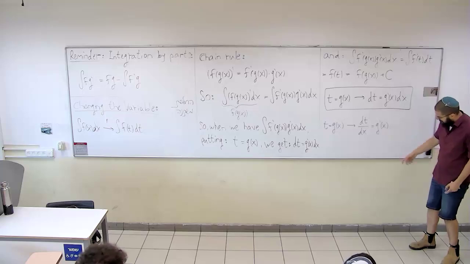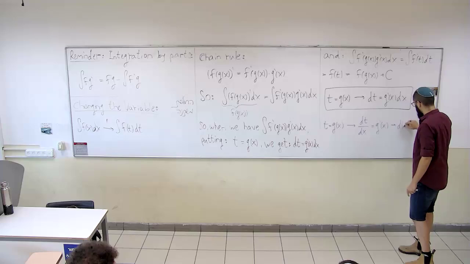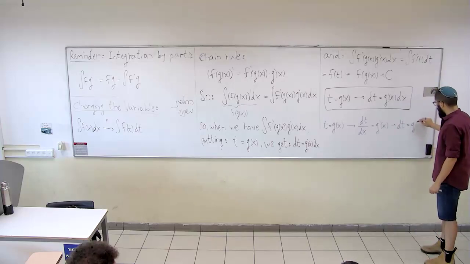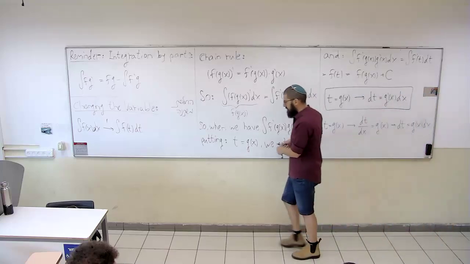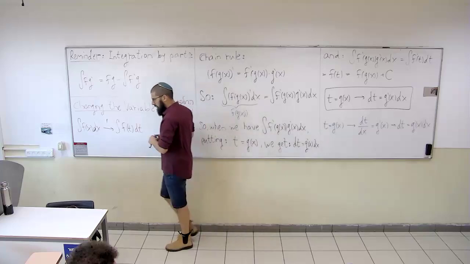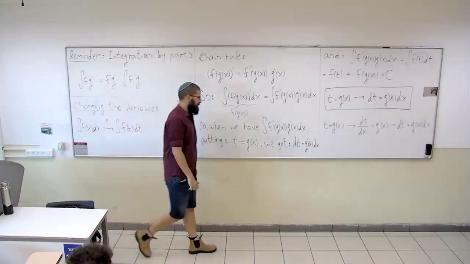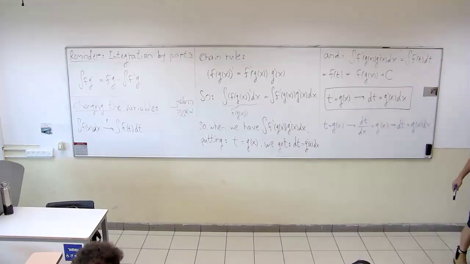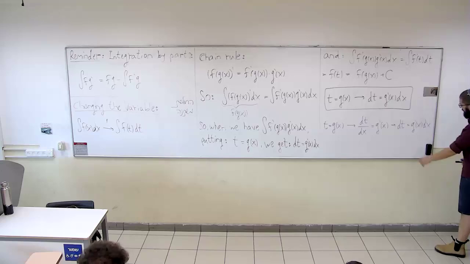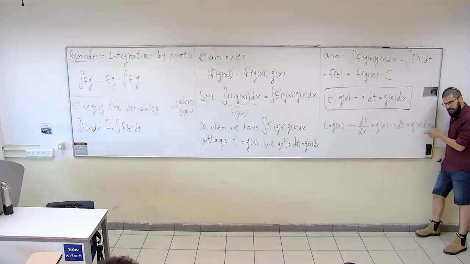And now, magically, we multiply both sides by dx, magically because it's just a notation. But we get dt equals g'(x) dx. So the bottom line about the how is: if you want to substitute t instead of g(x), then you have to put dt, and it has to be g'(x) dx.